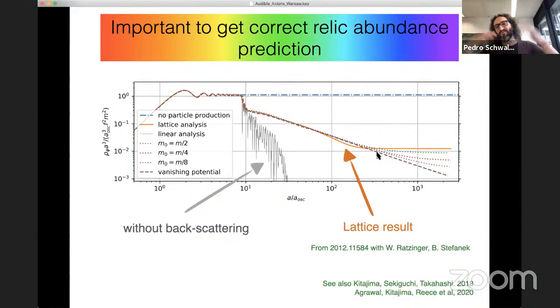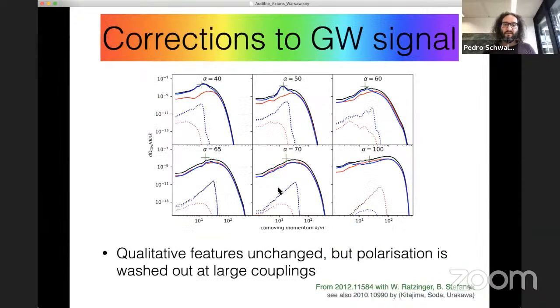These are things you could imagine that you get by adding another phase transition. So you can explore the whole range of axion masses and couplings. And of course, the main question we wanted to answer with our lattice computation is what is the effect of this backscattering on the gravitational wave signal.